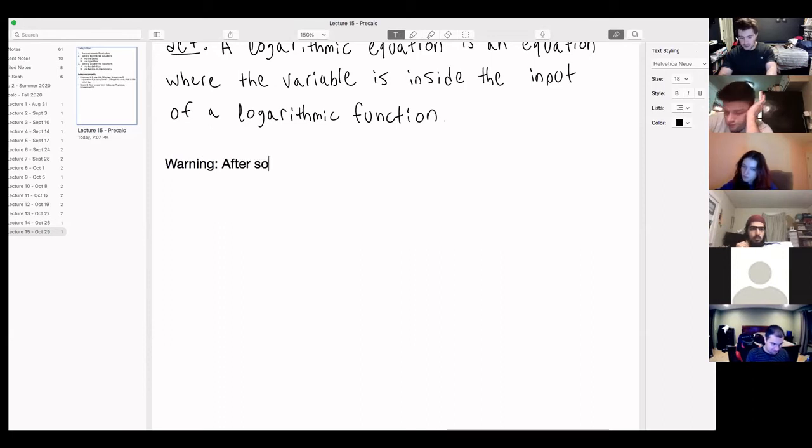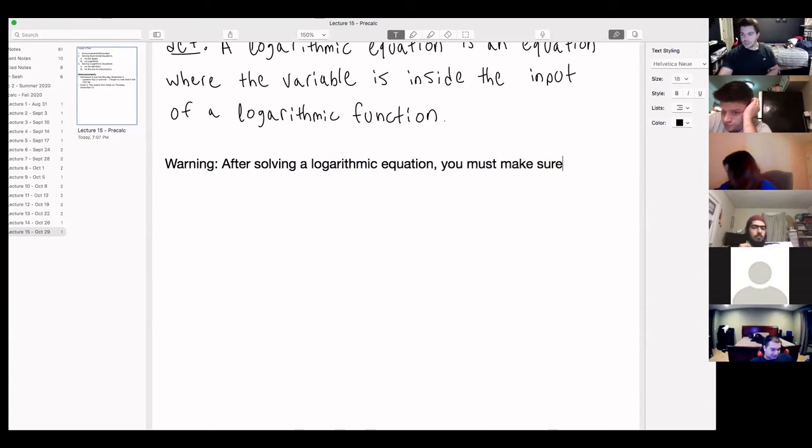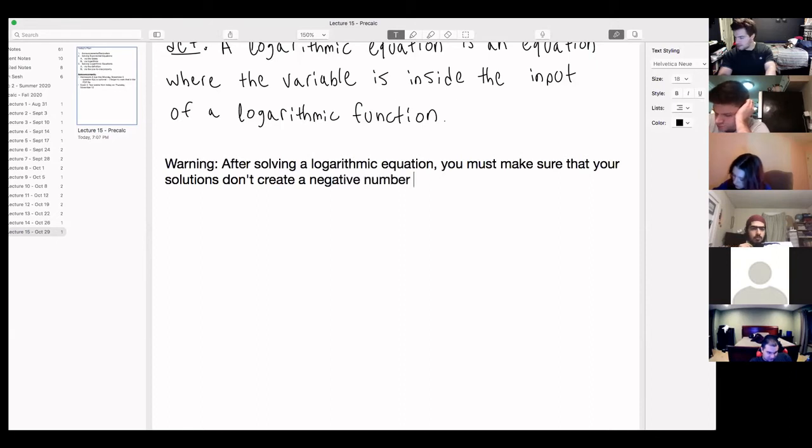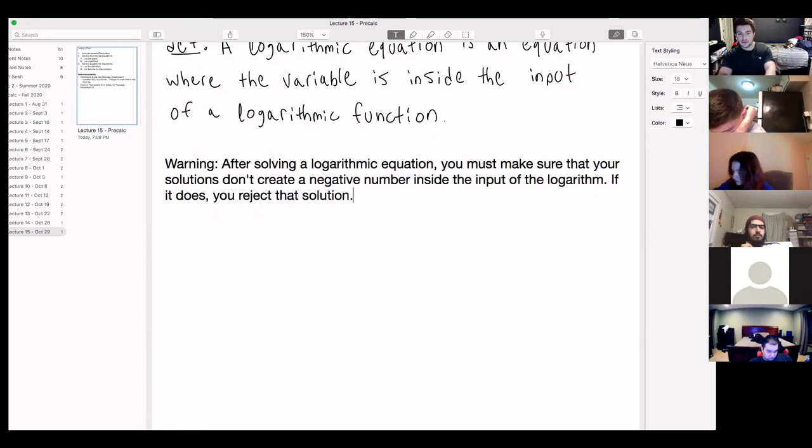After solving a logarithmic equation, you must make sure that your solutions don't create a negative number inside the input of the logarithm. If it does, you reject that solution.